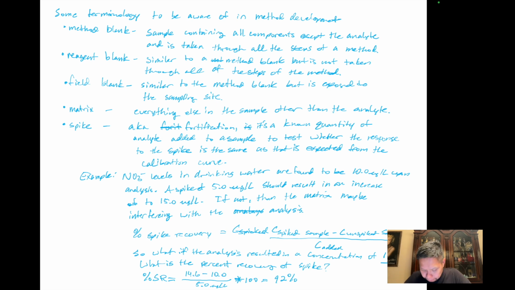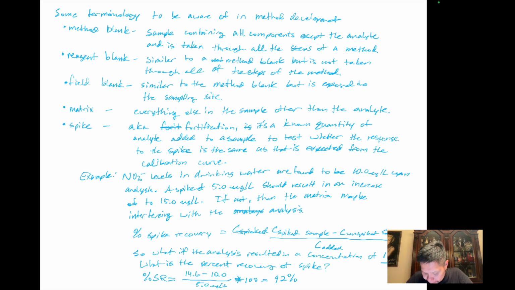If you spike it with 5.0 micrograms per liter, you should come out with 15.0 micrograms per liter after your analysis. So if you don't get that much, then there may be something wrong with the analysis. And so you can determine what your percent spike recovery is, to figure out if you need to redo your method development or maybe work a little harder on your technique, right?